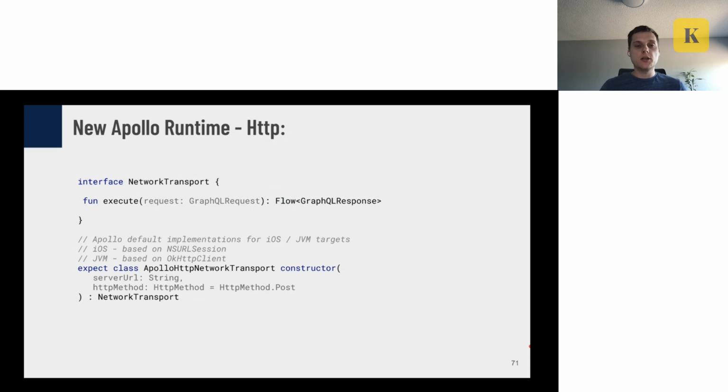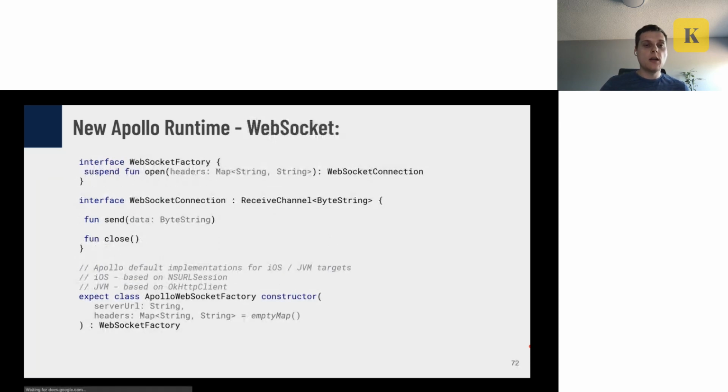Regarding the abstraction, here is a simple example of how it looks. We have the network transport that has an API that executes requests and provides a flow that emits the GraphQL response. The default implementation on iOS is based on NSURLSession, and on JVM it is based on the OkHttp client.